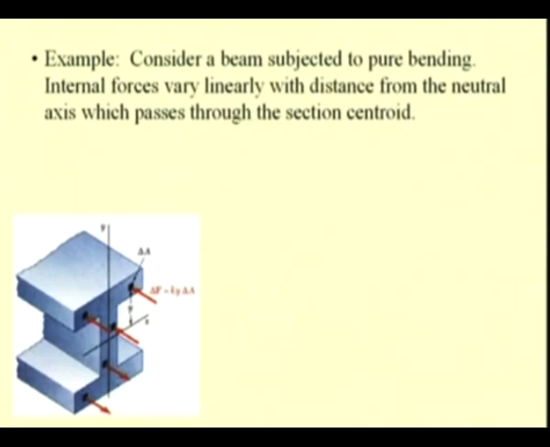Here in this picture you see a cross section of a beam. Say here we have taken an I section beam and it is subjected to pure bending. That means there are no resultant axial forces on this element. So, the sum of all these forces will be 0.